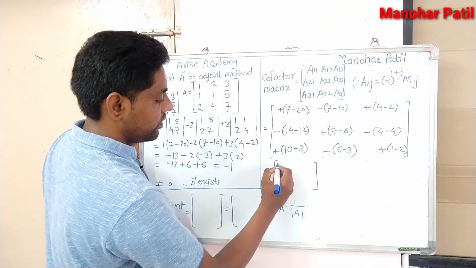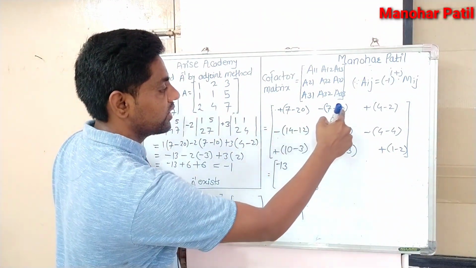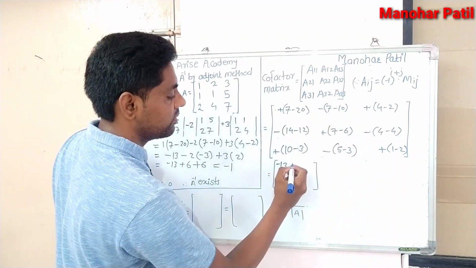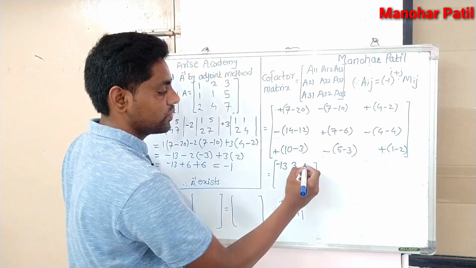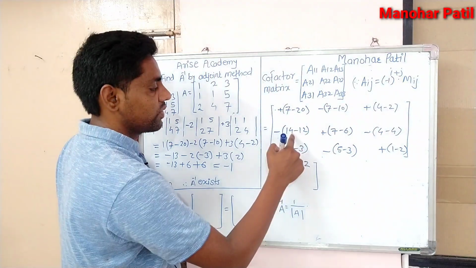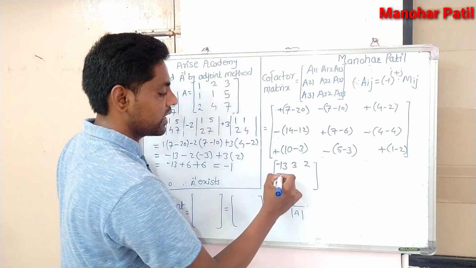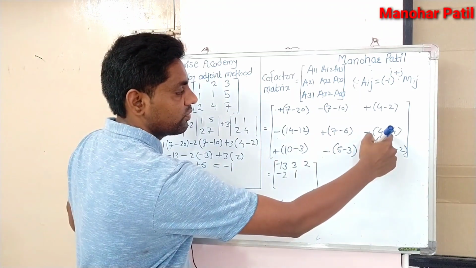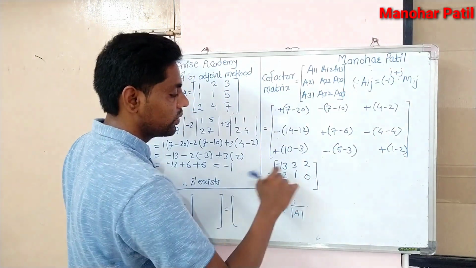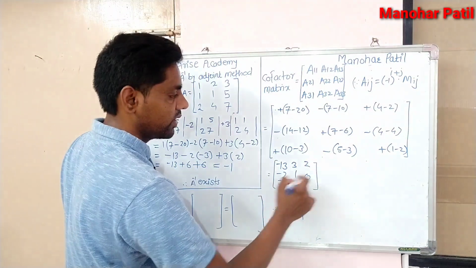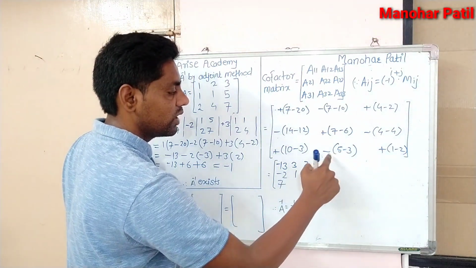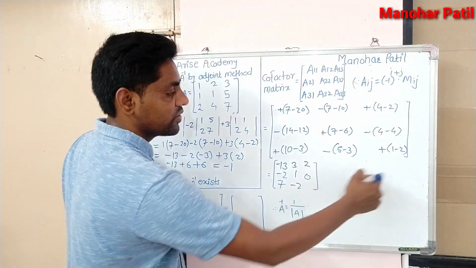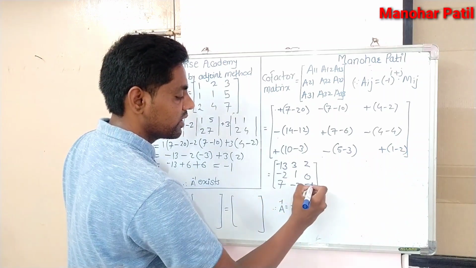Therefore 7 minus 20 is minus 13, 7 minus 10 is minus 3, and with the minus sign becoming plus, 3, 4 minus 2 is 2, 14 minus 12 is 2, multiplied by this minus sign so minus 2, 7 minus 6 is 1, 4 minus 4 becomes 0, 10 minus 3 is 7, 5 minus 3 is 2, multiplied by this minus sign so minus 2, and 1 minus 2 is minus 1.